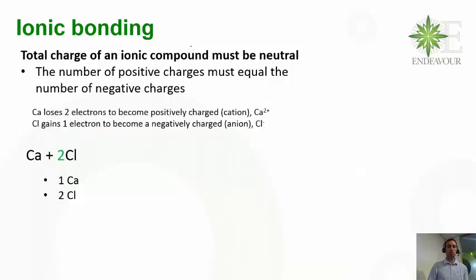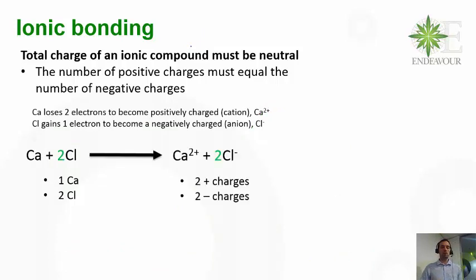The answer is basically to have more chloride ions, because each one will only contribute a 1- charge. Because the calcium has a 2+ charge, we then need to have 2 minus charges from the chloride ions to counter those 2 positive charges.